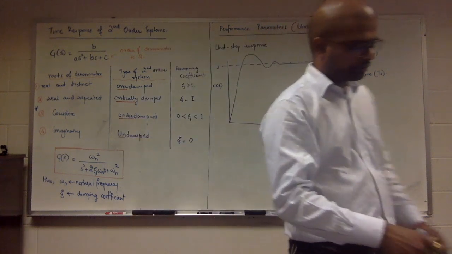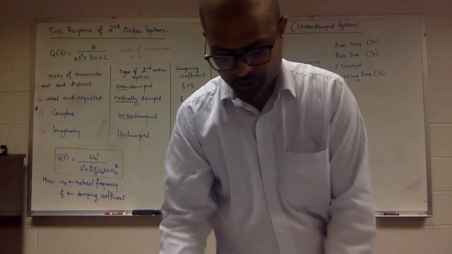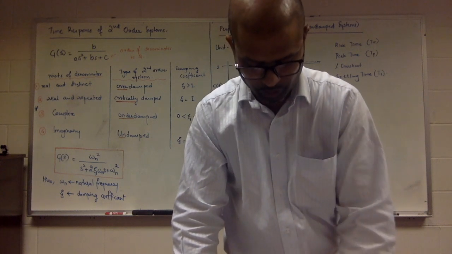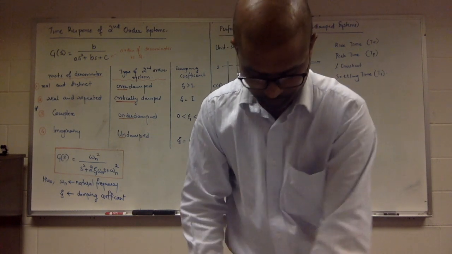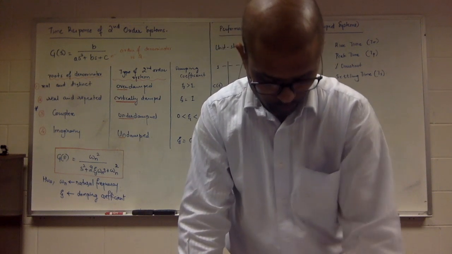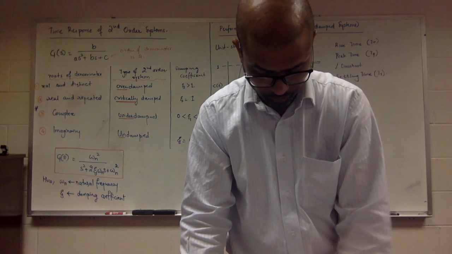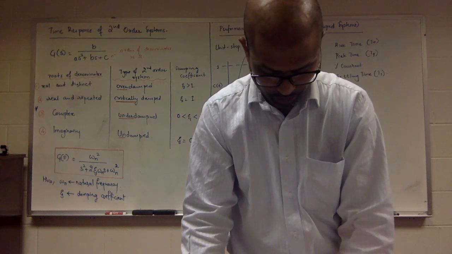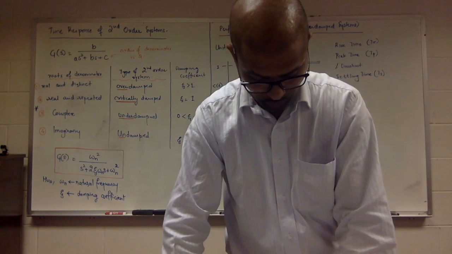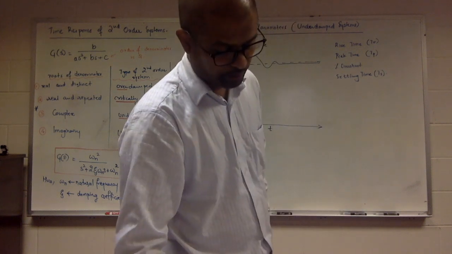Again, I think we saw this for the first order system. It is very similar, except that there is no time constant, okay, and there are two other parameters introduced. There is peak time and there is percentage overshoot.